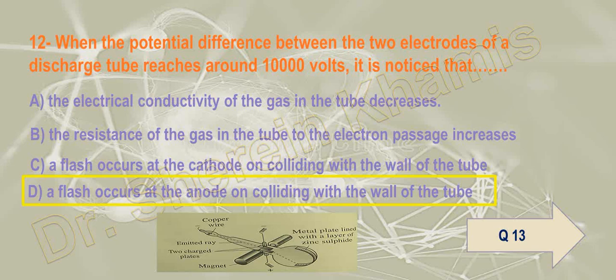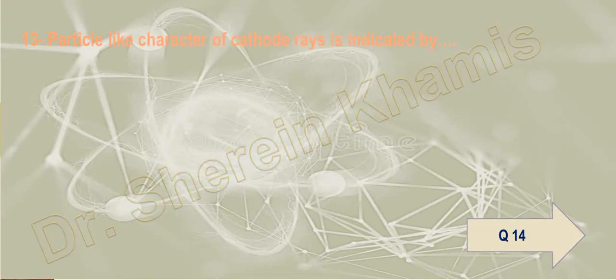Okay, let's go to the question. Question number 13 says: the particle-like character of cathode rays is indicated by. We have here a character of cathode rays, and we want to mention its property. Their ability to move in straight lines, maybe.